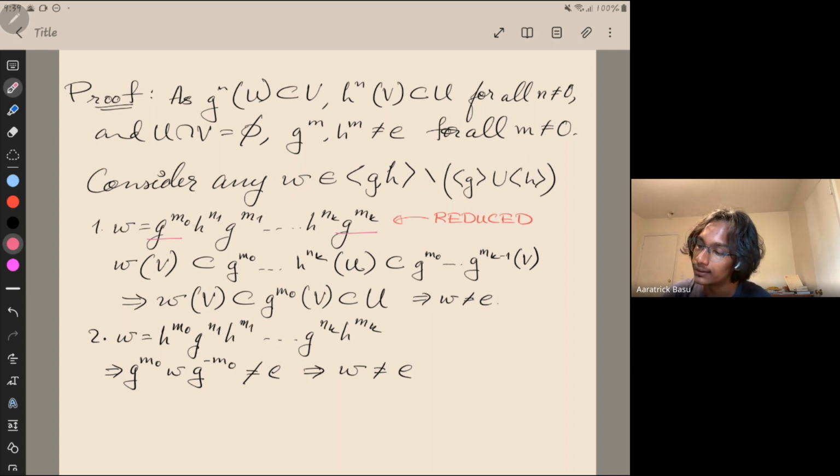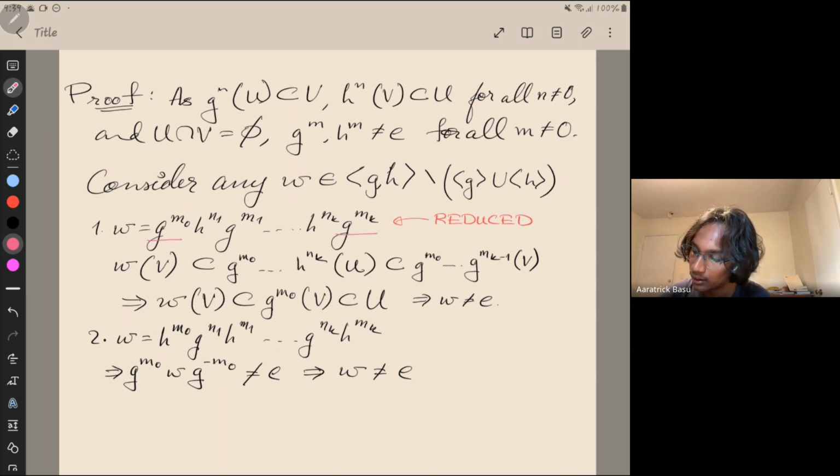What I mean is that none of these exponents are 0, and you've collapsed all the powers of G together, all the powers of H together as much as you can to get this word. That's what I mean by reduced, right?